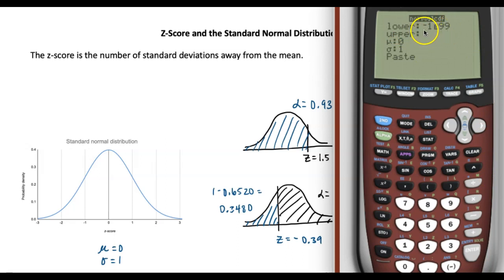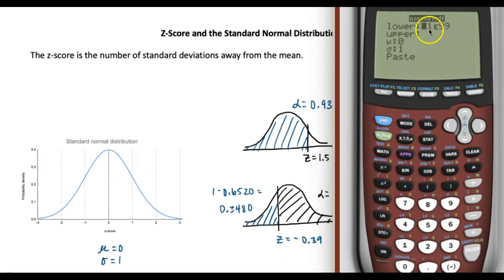And what this means is negative 1 with 99 zeros after it. And so this is as close as this calculator is getting to being negative infinity. Because if we look at these two tails, we understand that this is kind of like an asymptote, right? So these tails never quite close. And so we can theoretically have a z-score of negative and positive infinity.